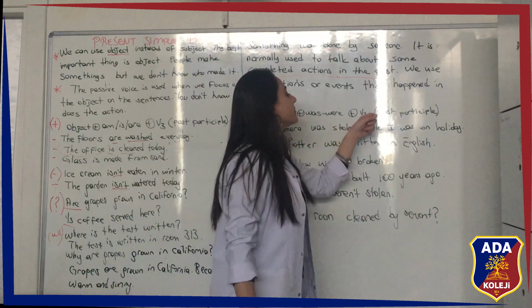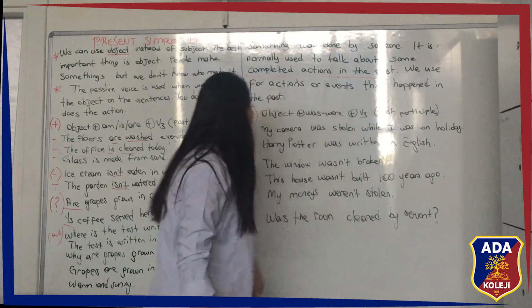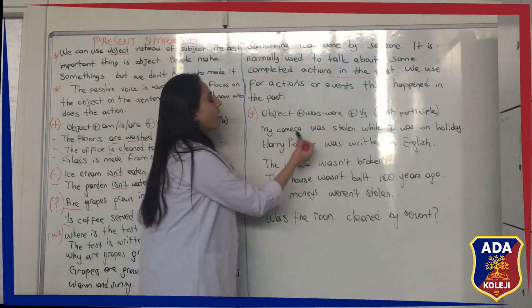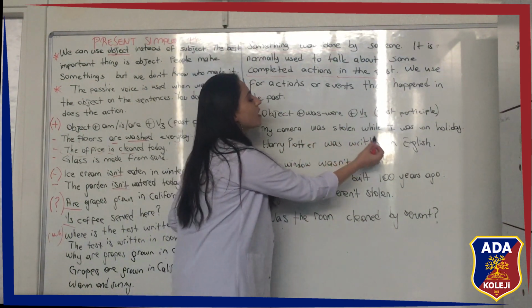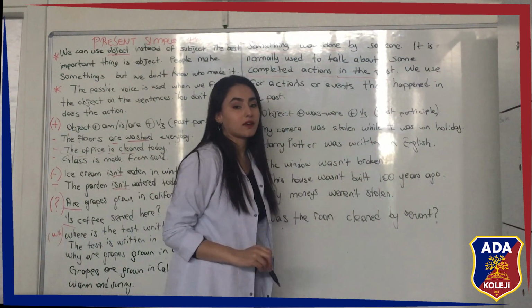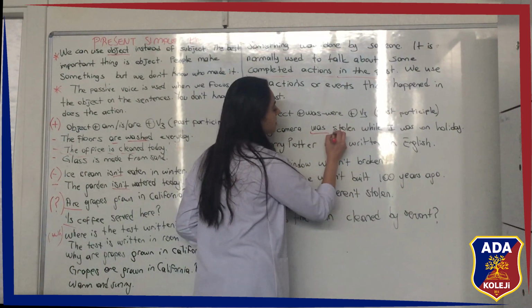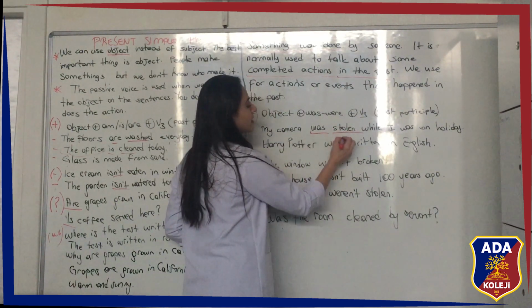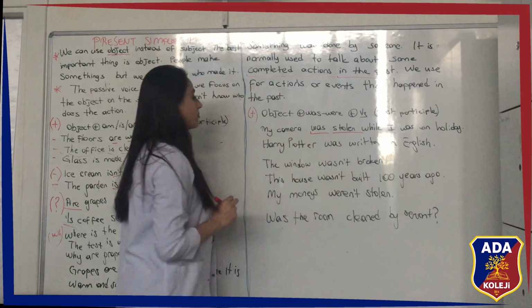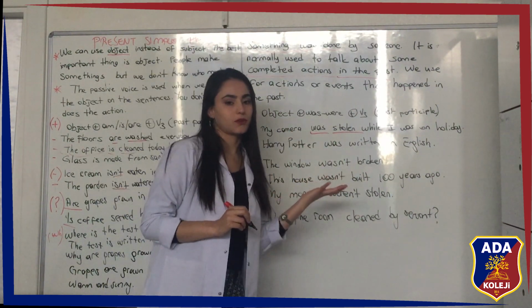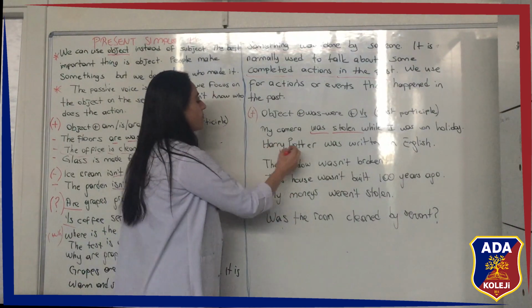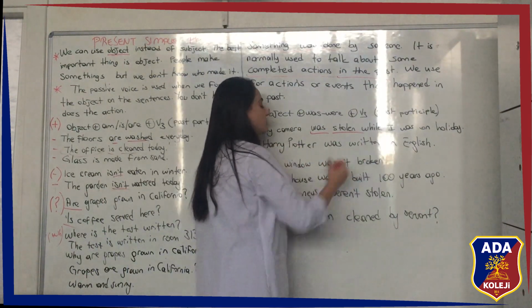And then verb 3, past participle you can use. My camera was stolen while I was on holiday. Okay, let's look at this part, friends. We have was and verb 3. Okay, but who made it? We don't know. And then Harry Potter was written in English.